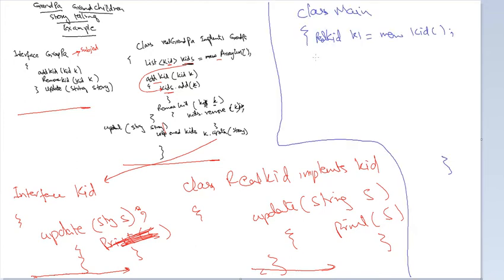So we have this real kid class object k1. We have this real kid class object k2 equal to new real kid.